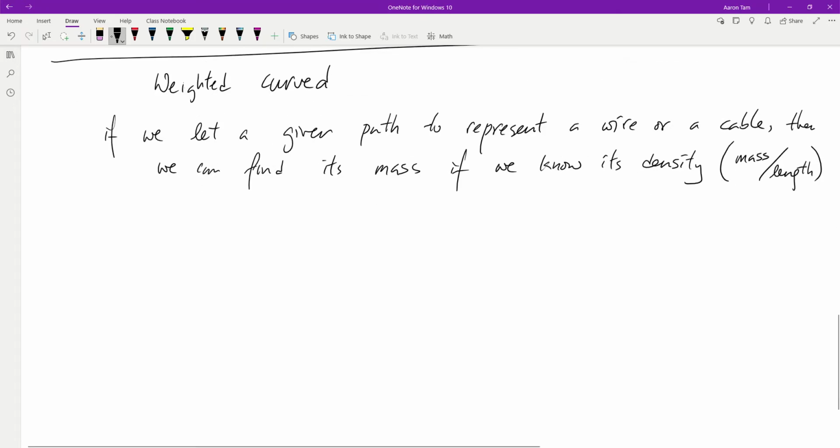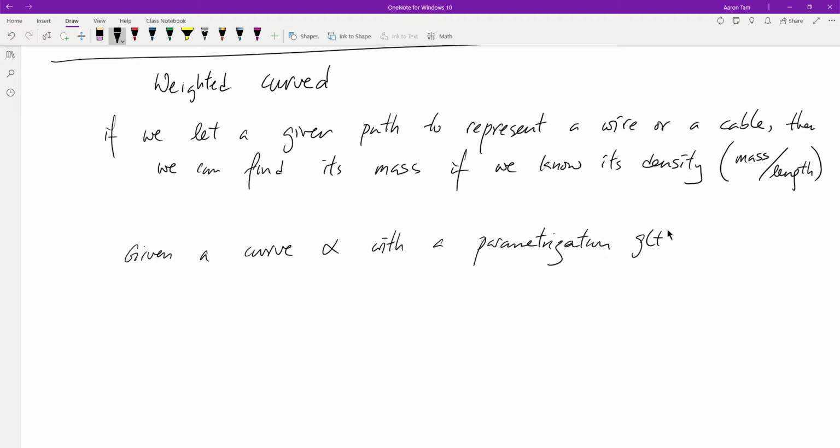Okay, imagine that we're given a curve alpha with a parameterization g of t, where t goes from A to B. And let's say we're also given a density function, let mu of vector x be its density function based on the position.